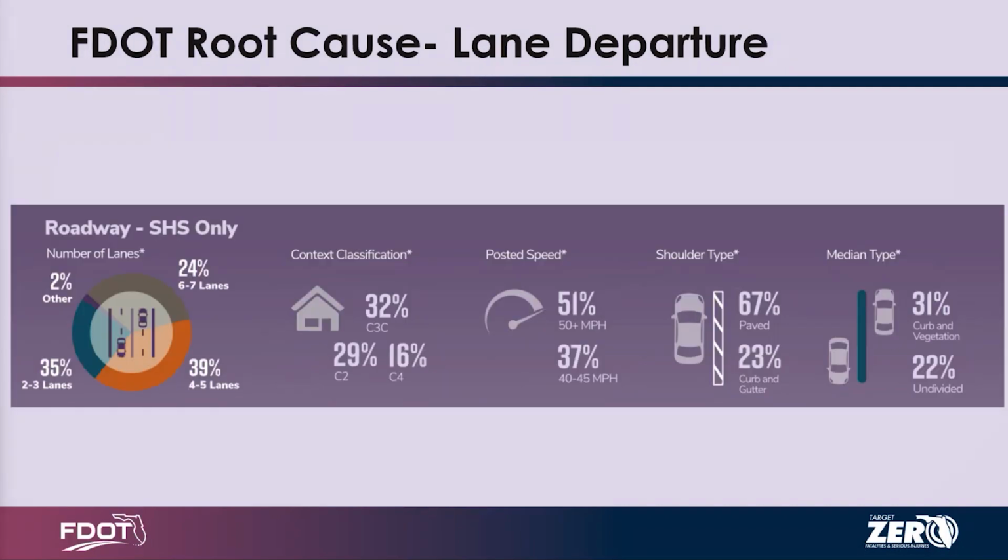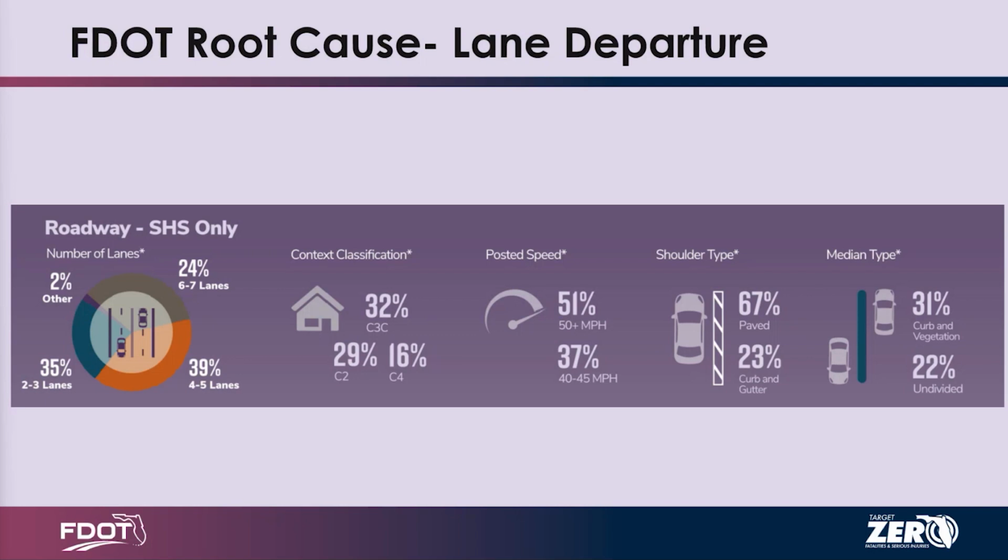And then looking at the state highway system only right now, some of those risk factors that we identified are your 2 to 3 lane roadway, your 4 to 5 lane roadway, your C3C context class stands out, followed by C2. Combining that with your rural roads, your 2 to 3 lane roads is definitely one of our key risk factor groups.